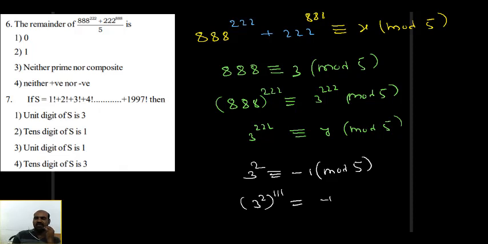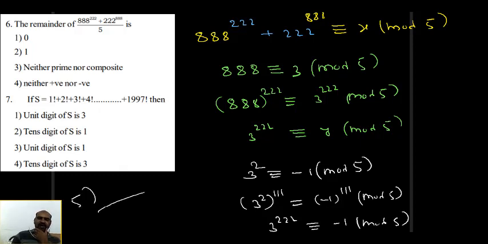What is the meaning of 3 power 2 congruent to minus 1 modulo 5? The number divided by 5 leaving remainder minus 1 means the actual remainder is the addition of these two, that is 4.